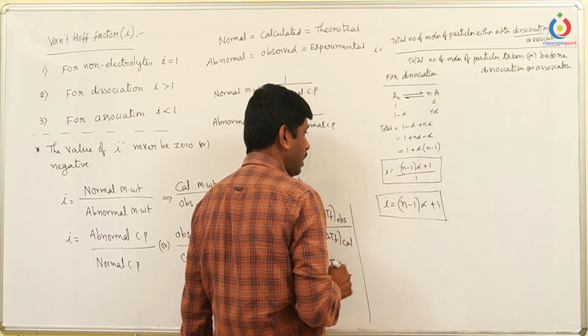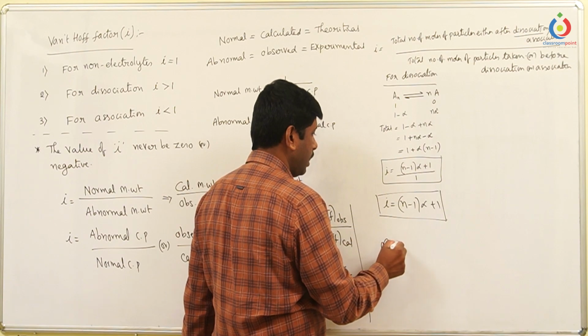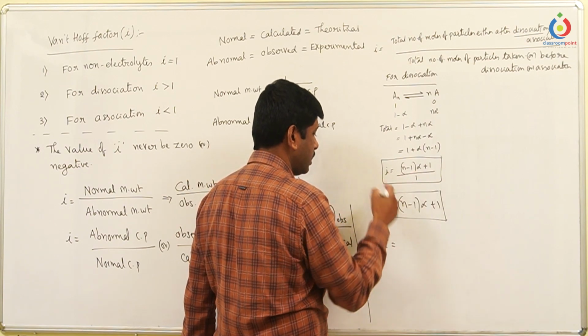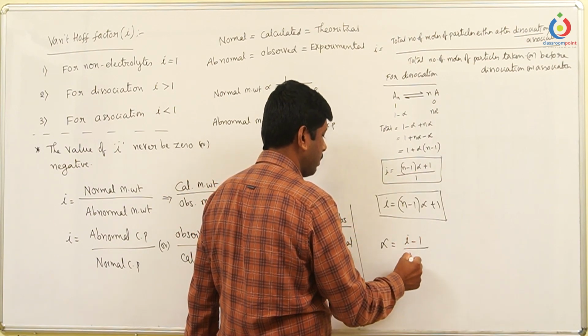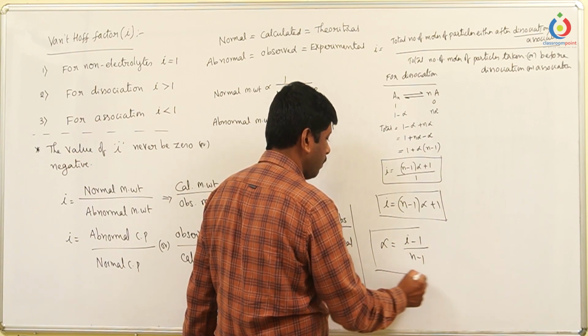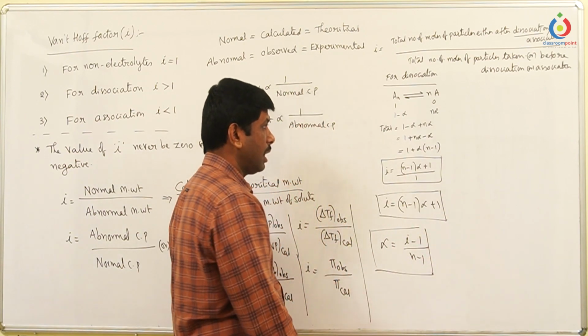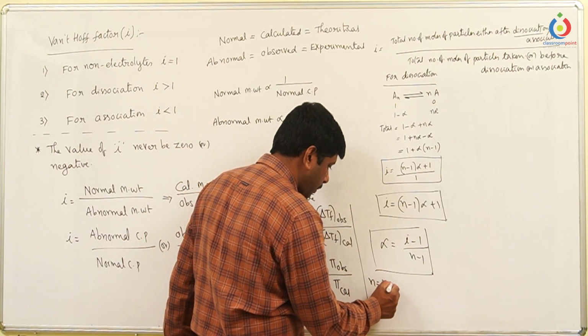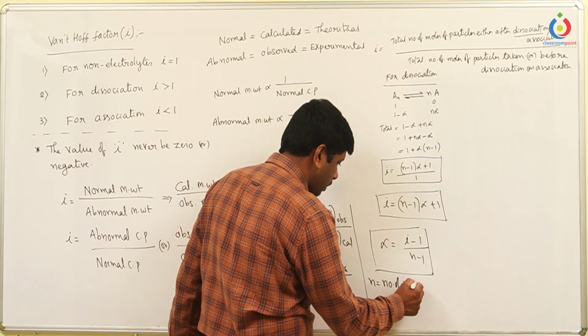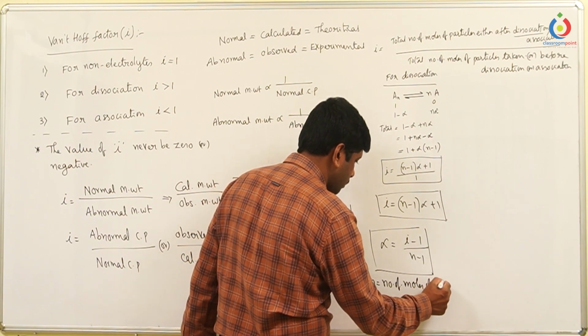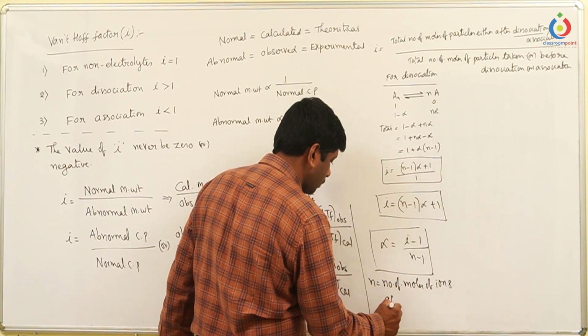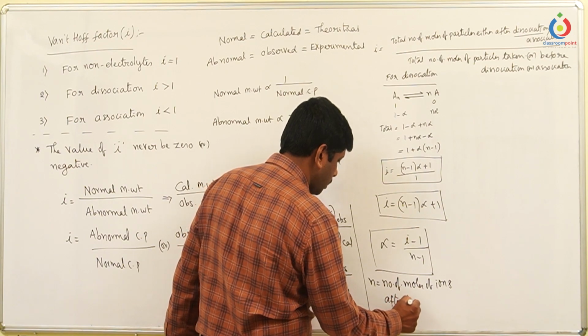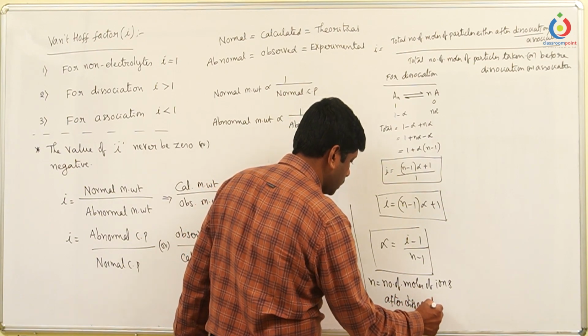If you want to calculate the alpha value, you send the 1 to this side, so alpha equals i minus 1 by n minus 1, where n equals the number of moles of ions after dissociation.